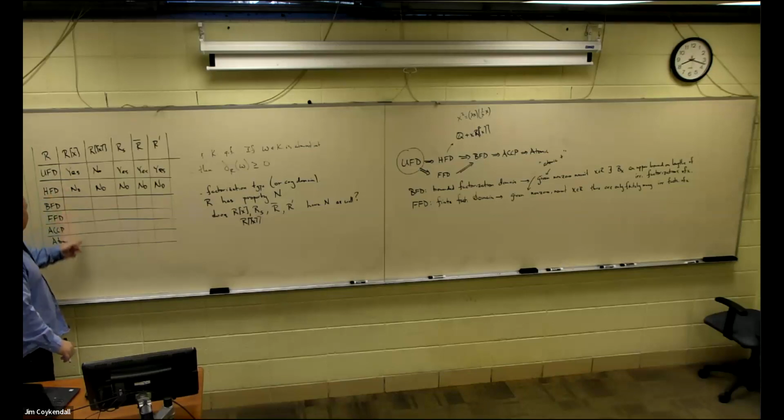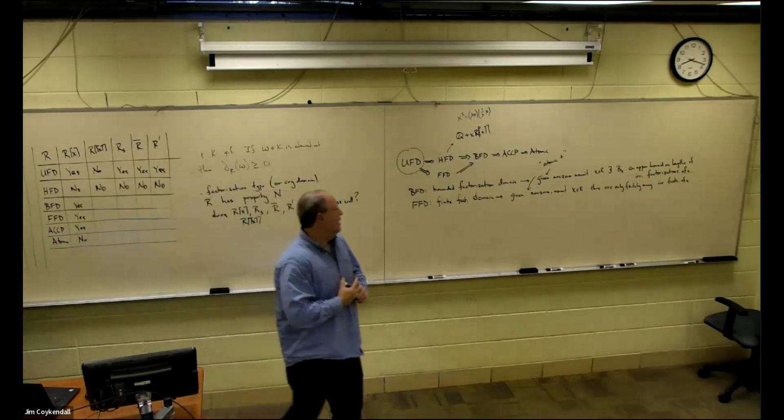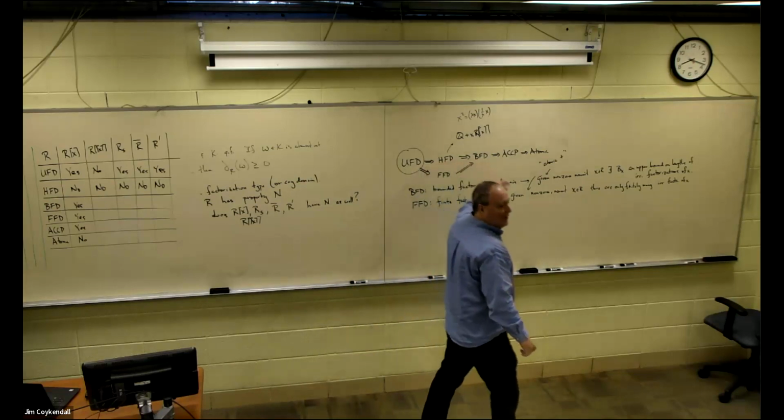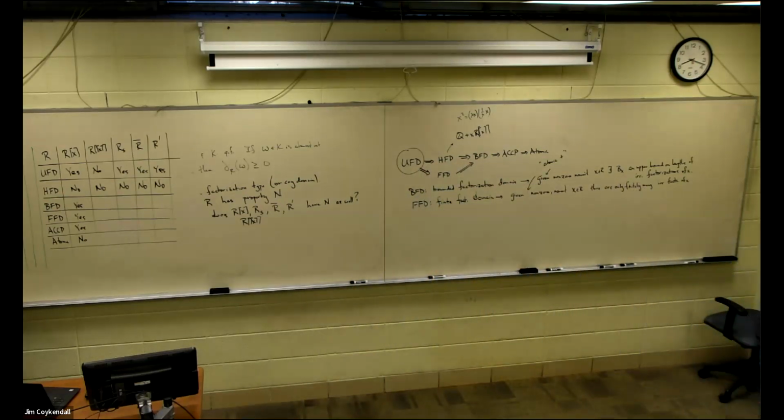Anybody want to guess? Of these last four blocks, there are three yeses and a no. Anybody want to guess where the no is? The atomic, I feel like I remember that from your talk. The other properties that fail passage to the polynomial ring are half factorial domains and atomic domains.